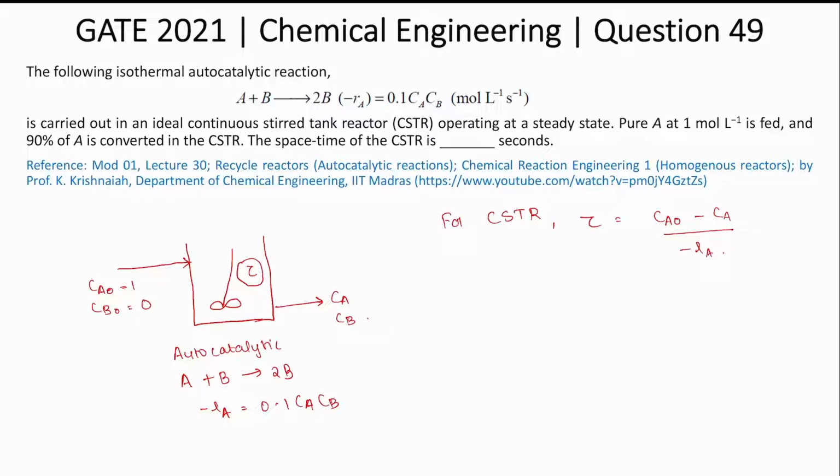So here the feed is pure A, so Ca0 is 1 and Cb0 will be 0. Given that the conversion of A is 90%, Xa is equal to 0.9. So we can calculate Ca as Ca0 into 1 minus Xa, that is 1 into 1 minus 0.9, which is equal to 0.1.